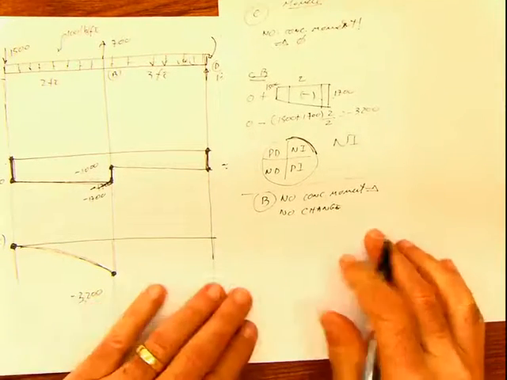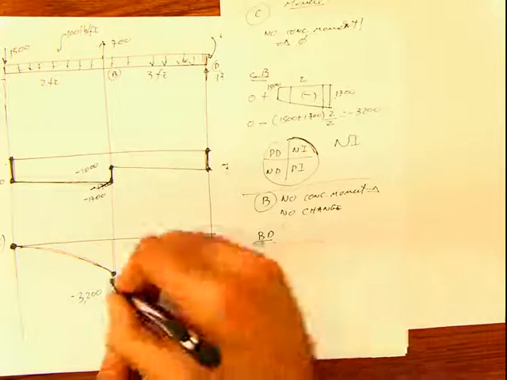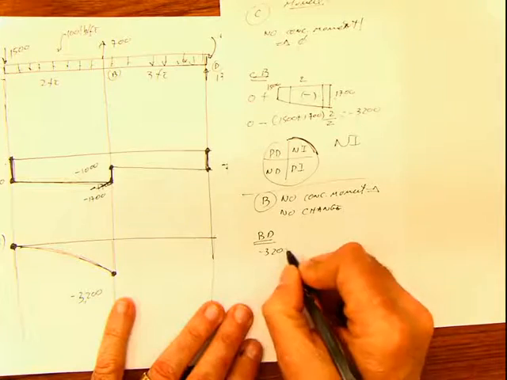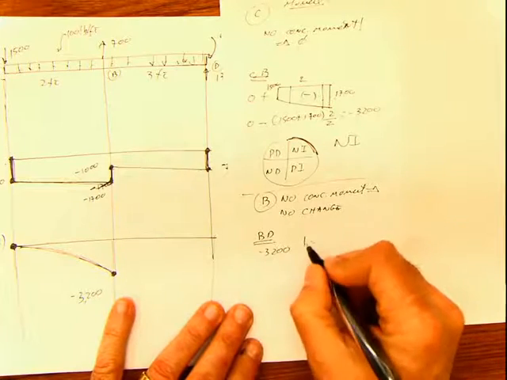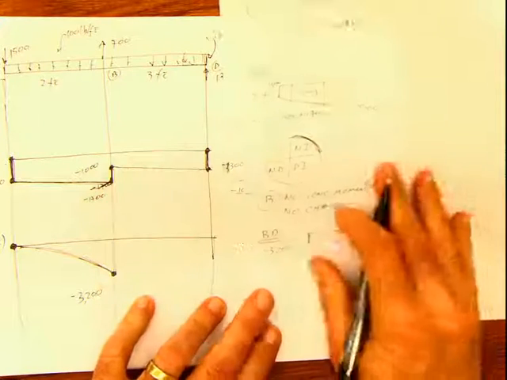And now we go BD. In BD, you have negative 3200, and then you have this negative area. This negative area looks like that: 1300 here, 1000 here.